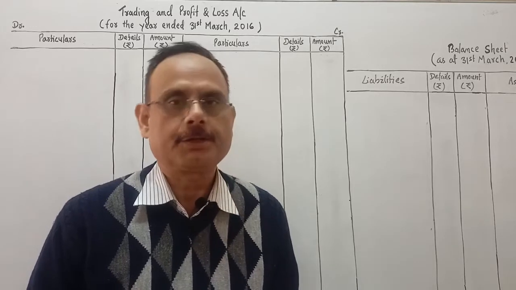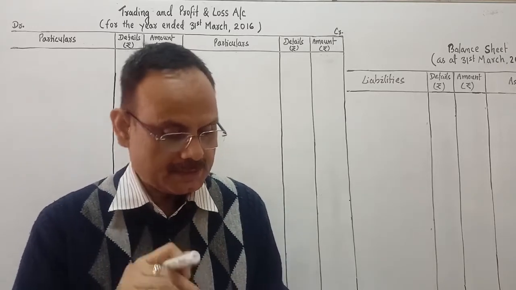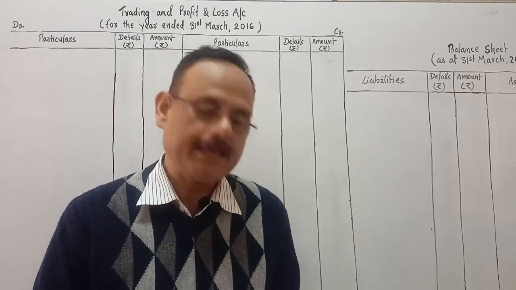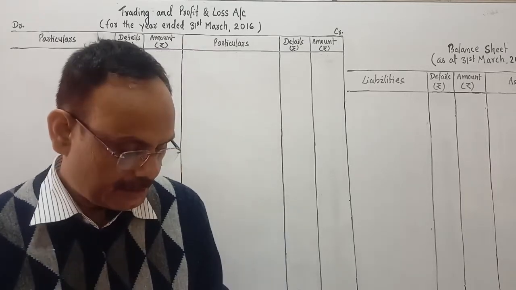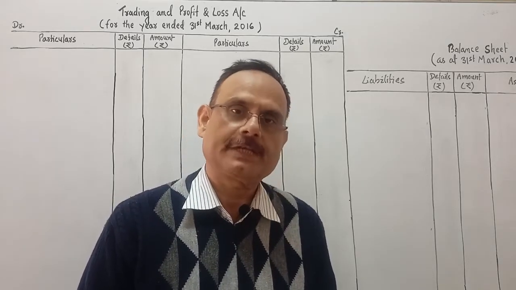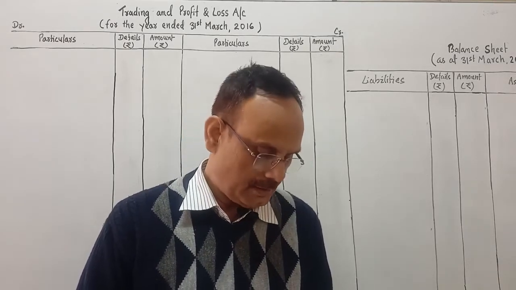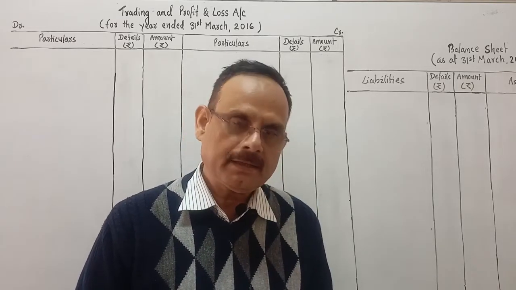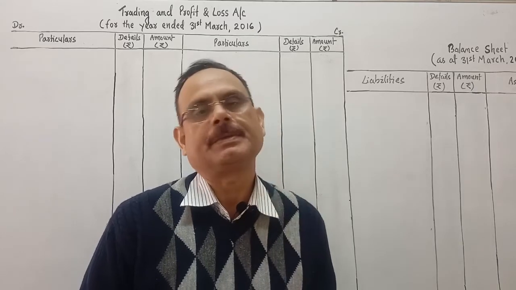Furniture on 1st April 2015, new furniture purchased on 1st January 2016, rent, salary, commission, repairs, insurance (within the bracket, annual premium paid on 1st January 2016). Next is salary outstanding, sales van and sales van expenses.